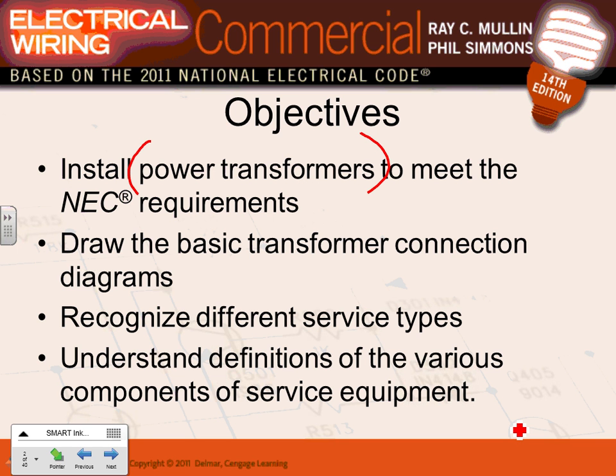Basic transformer connection. We're not electricians, but it's really nice to know how to have an open delta, closed delta, center tap delta, and a couple of these configurations. I know I had a presentation where I explained to you the most common services that we use, which is the delta, one of them, and also center tap delta as well as Y. Different service types that you can get.